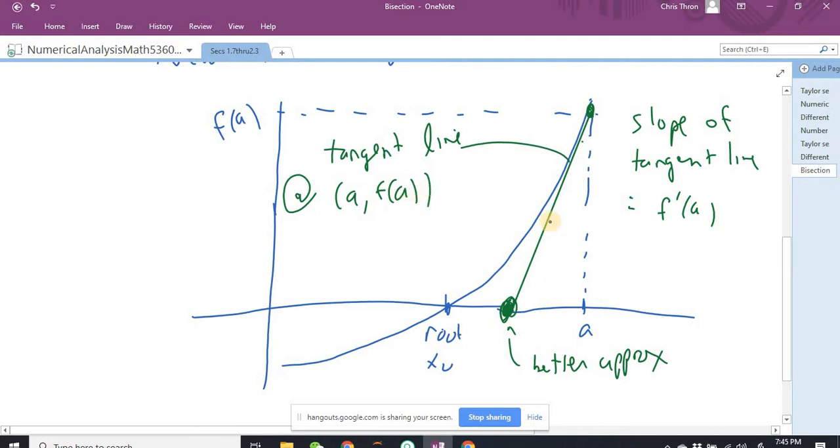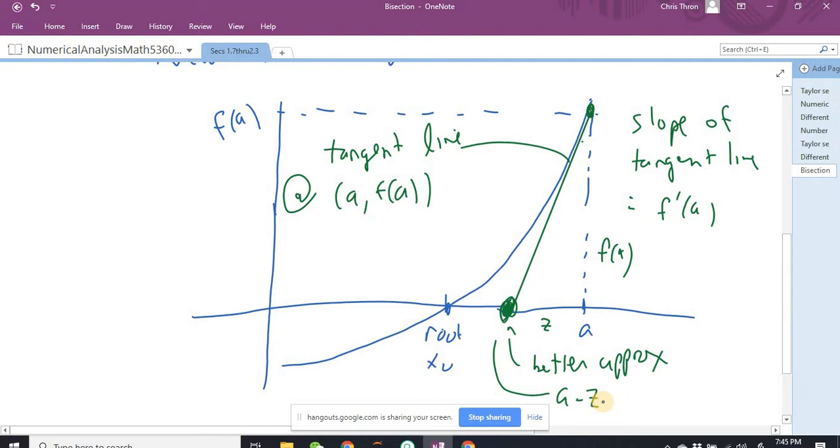Well, you can read about it, but I'll just tell you to use triangles. This is f of a. I'll call this z because that's what you want to find. You know what the slope is, so you just diddle around with your triangle and you can figure out what z is. And this point is a minus z.